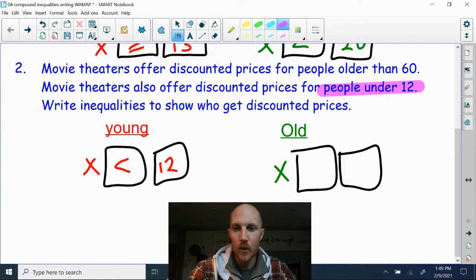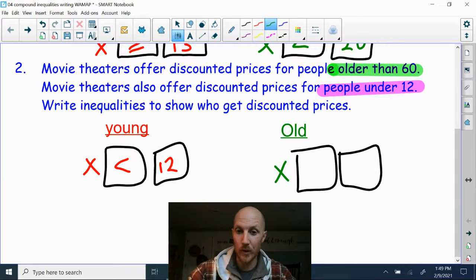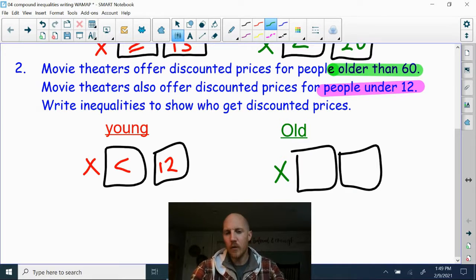And for the old folks, it says people older than 60, which means not 60 years old. You need to actually be older than 60. And so I guess if we keep with a consistent school of thought, like we said for problem number one, if you have to be older than 60, it's not just your 60th birthday that's not included.